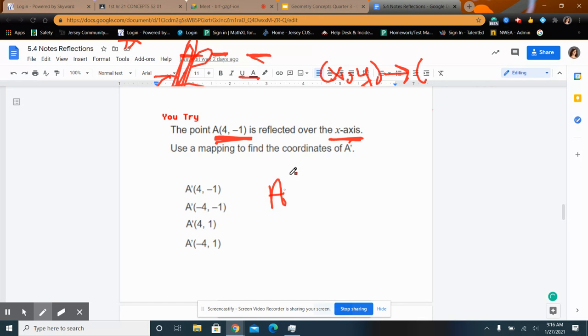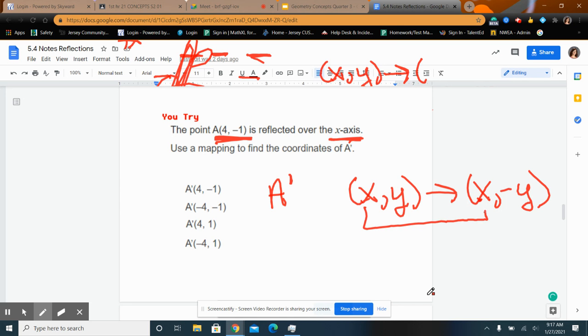Where is A prime going to be if that code that you look at the top of your page is this for x-axis? Be careful. X stays the same and the Y changes signs. So which one has A, has the X stay the same and Y changing signs?